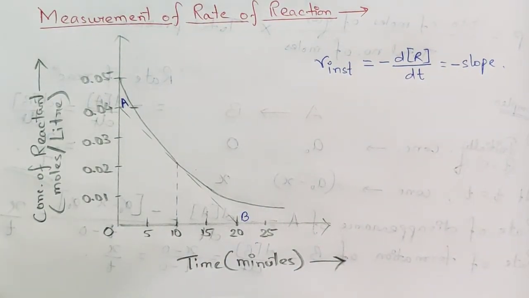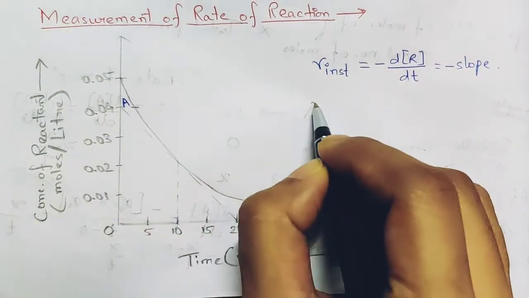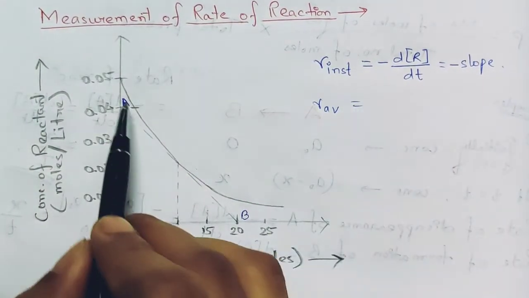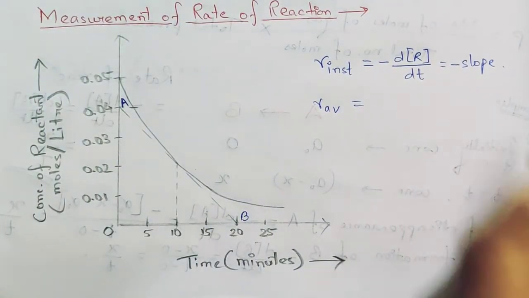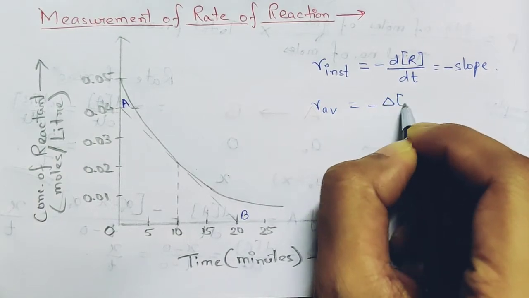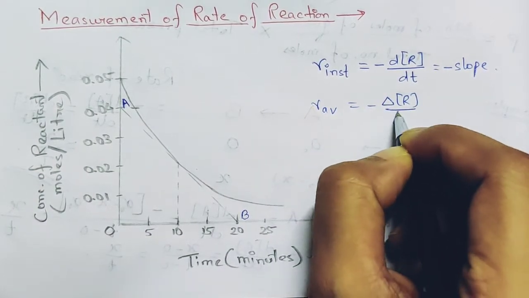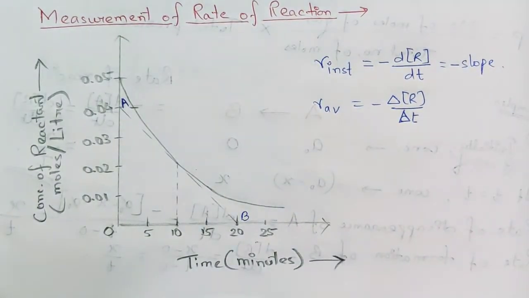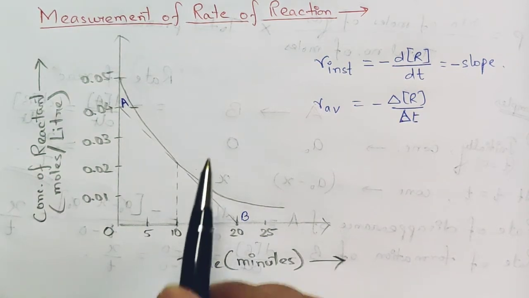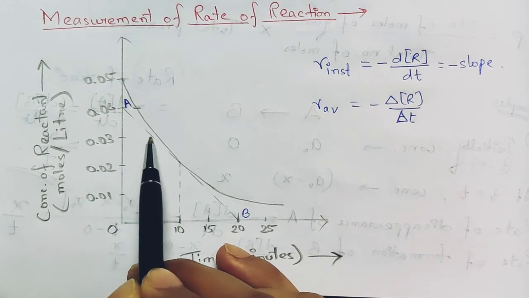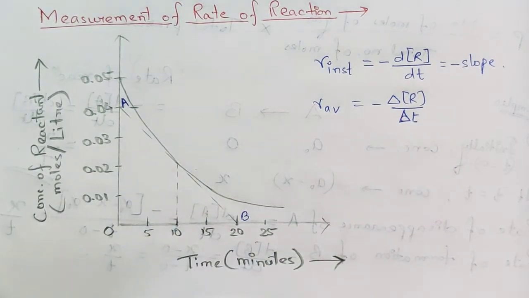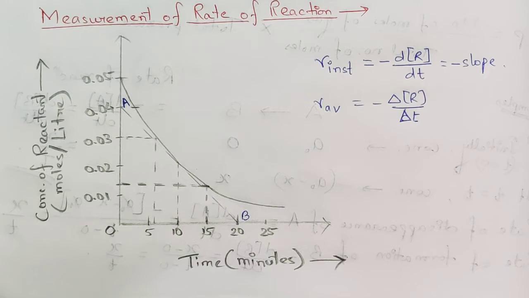So the slope is the negative slope for the instantaneous rate. Clear? Now for the average one, here again we will see the change in concentration of the reactant. So for the average one, we will take this curve, and for that again it will be concentration [R] by dt. So for the average rate, let me show you. See here, if we take this point, okay, let me show you, wait. For average rate, we will take a large gap.